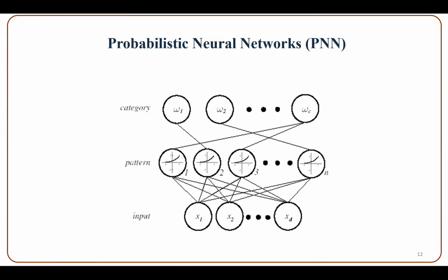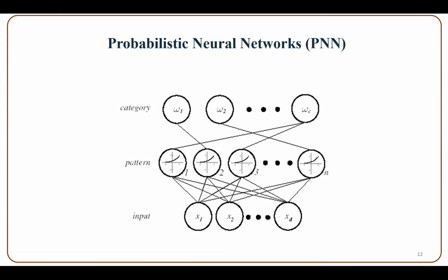The pattern window method can be implemented as a neural network known as the probabilistic neural network. Assume that we have n patterns or n instances, each of which is a d-dimensional vector randomly sampled from C classes.